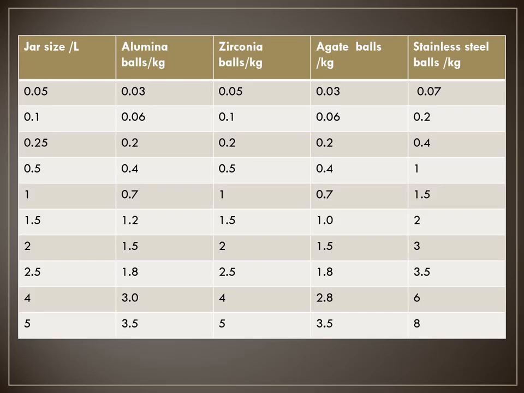This is about the total amount of materials that the balls have to hold in the jars. Based on the size of the jars, you can refer to it, but you are not limited to just this one; you can use it as a base for your starting point.